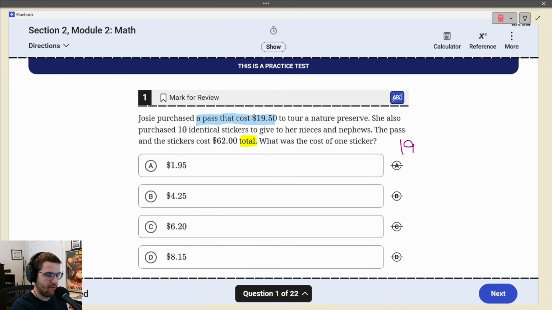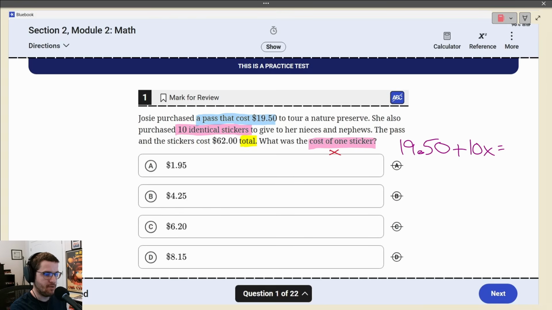So we've got 19.50, and we're adding, so plus, and then it says 10 identical stickers. So there's 10 of them, but we don't know how much they cost. As a matter of fact, that's what they're asking us, right? So why don't we call that x? And we'll write 10x.